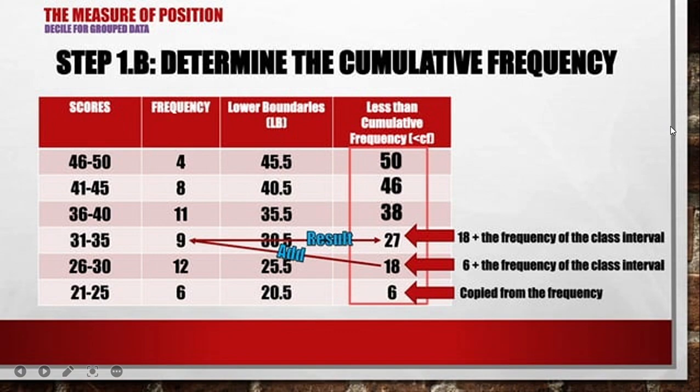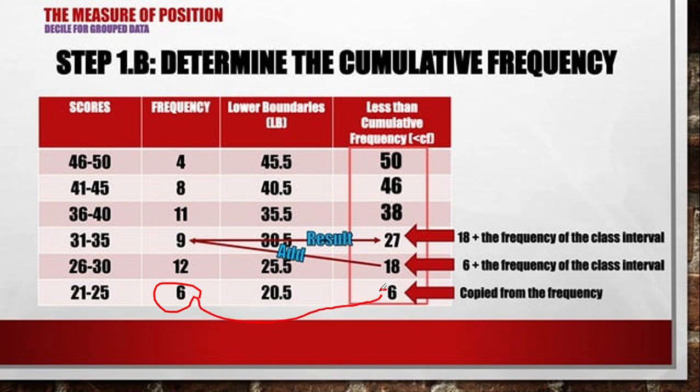Okay. Step 1B is for us to determine the cumulative frequency. So, unsaon man nato siya pag-determine sa atong cumulative frequency? Simply ra, ato ta magtan-aw sa frequency. Ang pinakaunahan diri sa ubos is 6, so ibutang nato diri sa pinakaubos ang 6. Okay, follow ta 6.